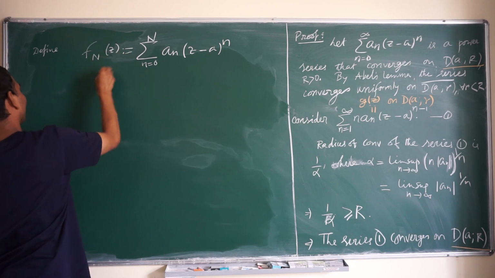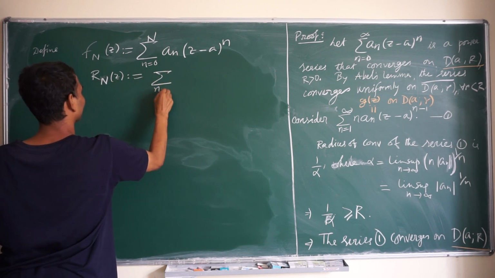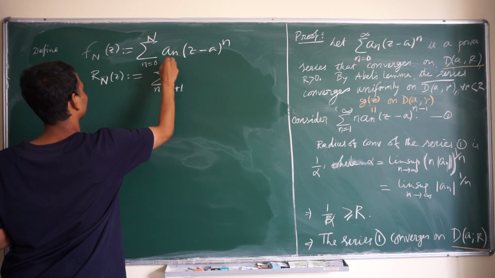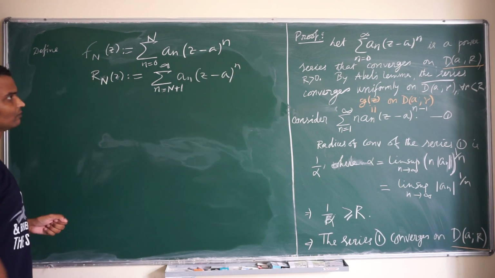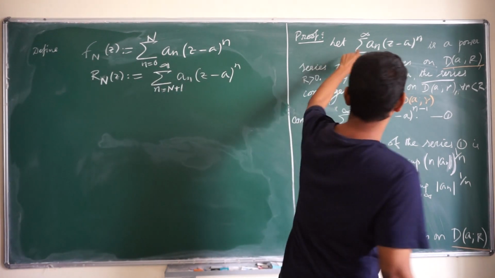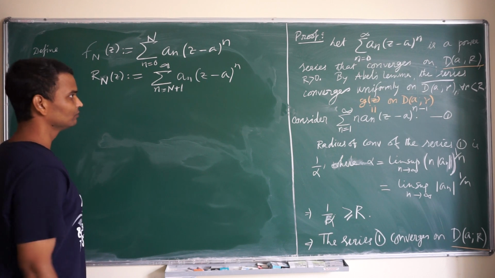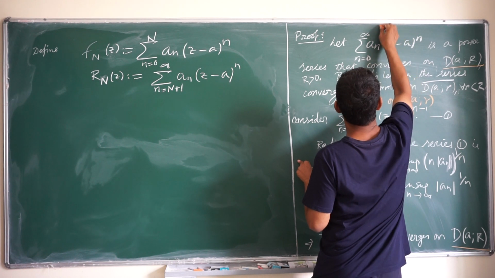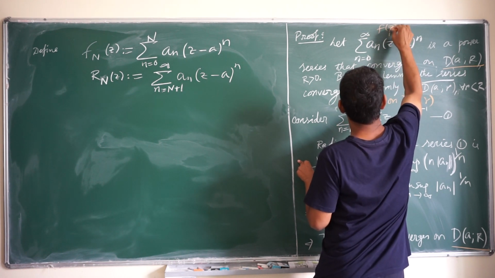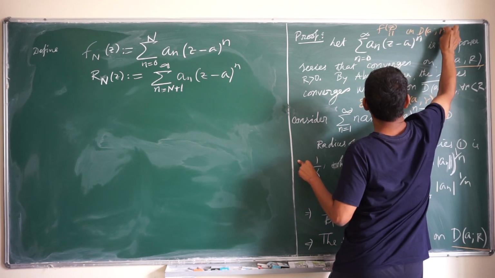And R_N(z) is the summation n from N plus 1 to infinity of a_n (z minus a) to the power n. So I just broke this series into two parts. We should define this one also: it gives a function f(z) on D(a, R).